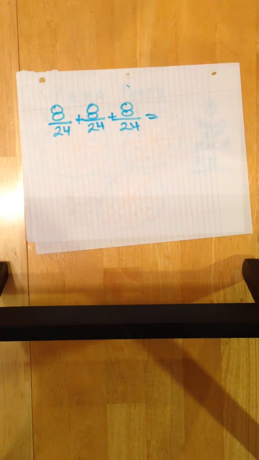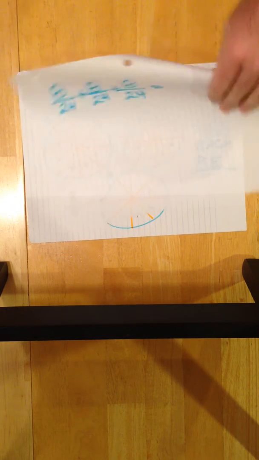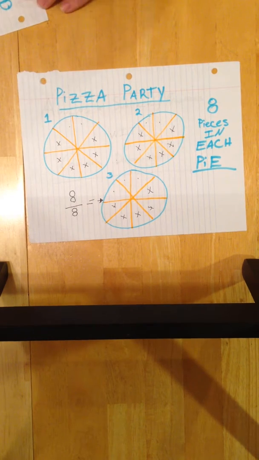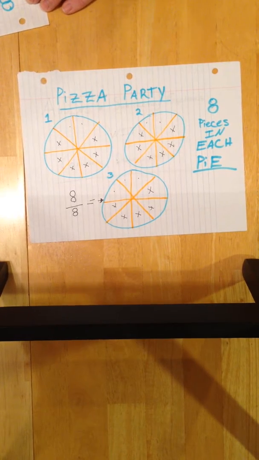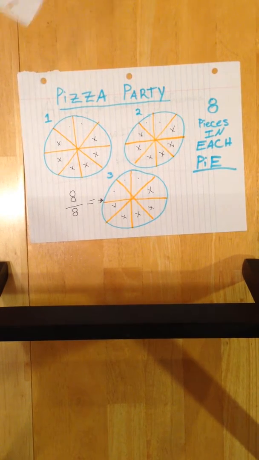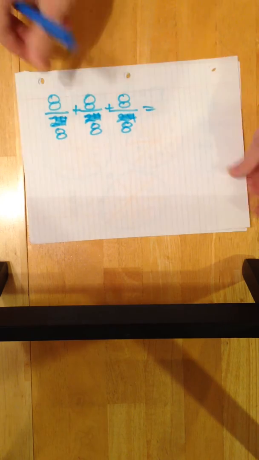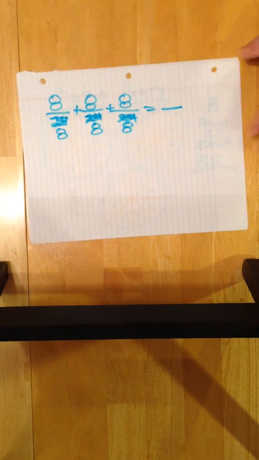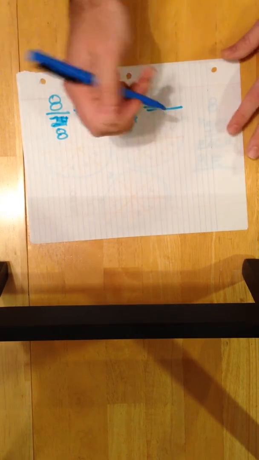All right, so I have a volunteer who thinks they know what we have. Oh, my mistake. I messed up on that. This 24 should be an 8. My mistake, guys. So how many pieces do we have total? Okay, we have 24. Very good.